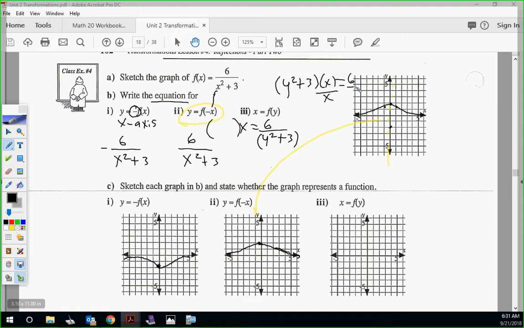Then I'm going to divide the x off. Okay, and then I have y squared plus 3 equals 6 over x. Then we minus the 3, and then we square root. And this will be the plus or minus there.